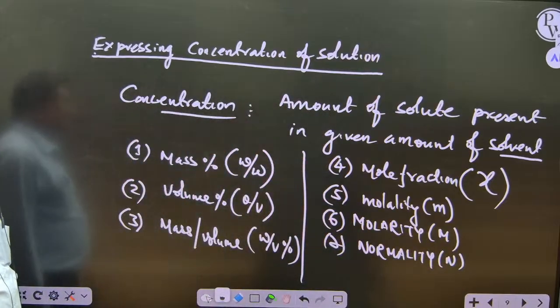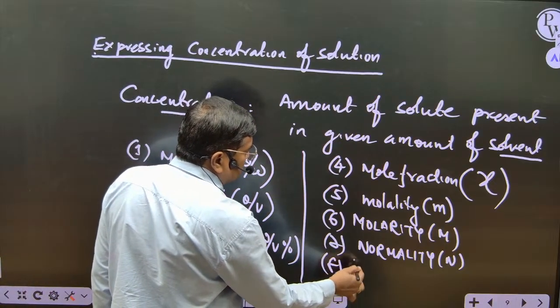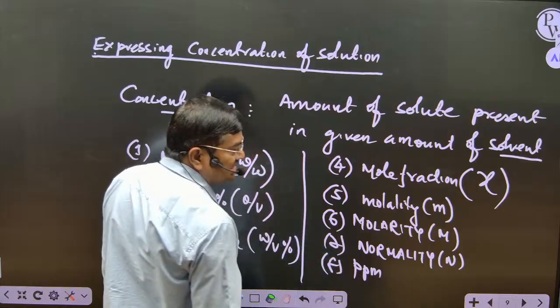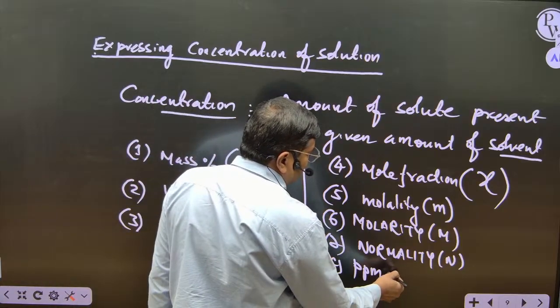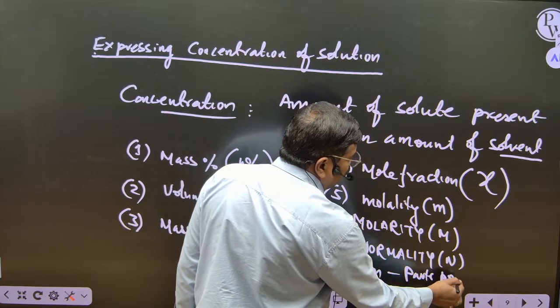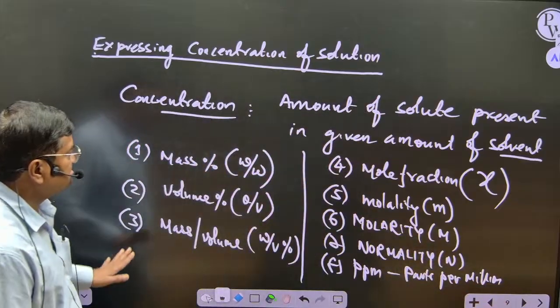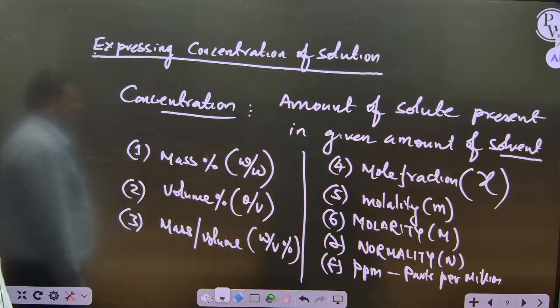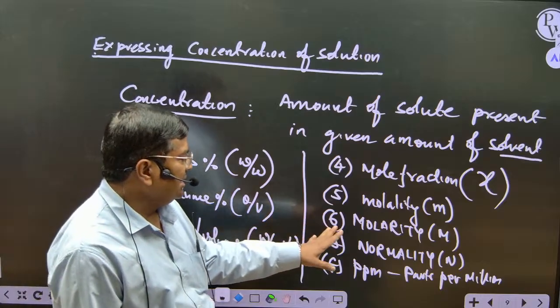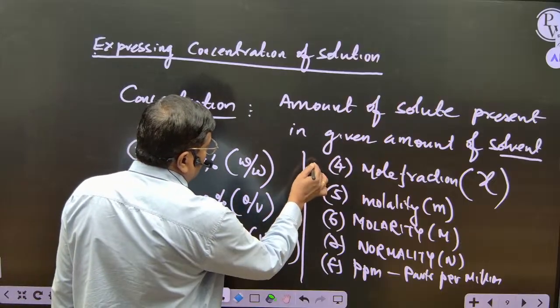ppm we call parts per million. This is expressed only for trace amounts. In JEE we are asking questions from ppm, all these concentrations. So these are the 8 terms: mass percentage, volume percentage, mass by volume percentage, mole fraction, molality, molarity, normality, ppm, by which we have to study all these numericals. The most important will be mole fraction.